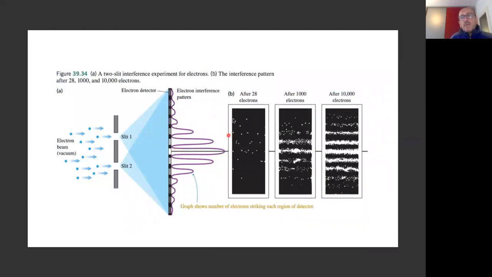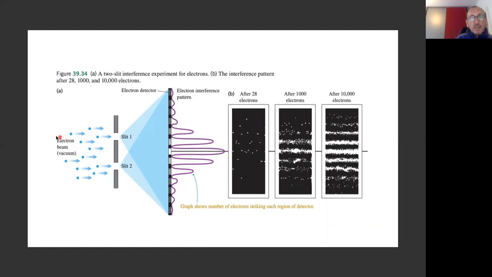So if I let go 28 electrons and look at the screen that I have here, this is a screen where I collect the electrons, and each white spot means an electron that has made an impact here, and I send them essentially one by one.